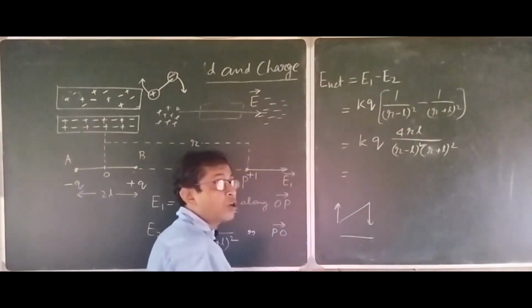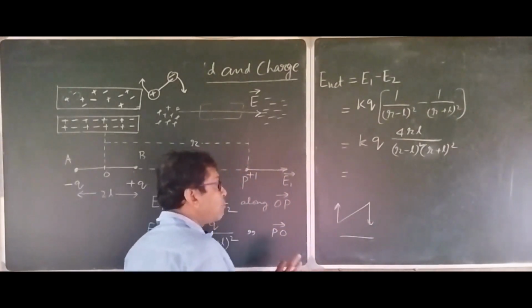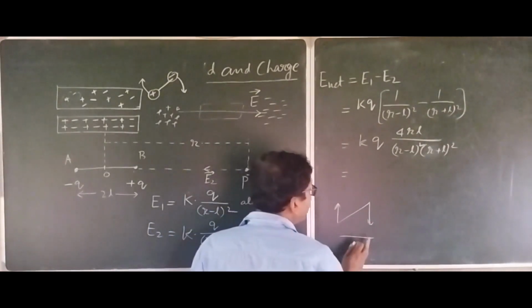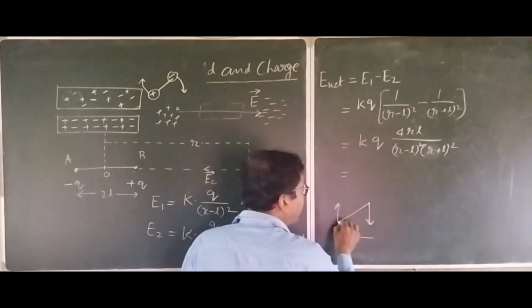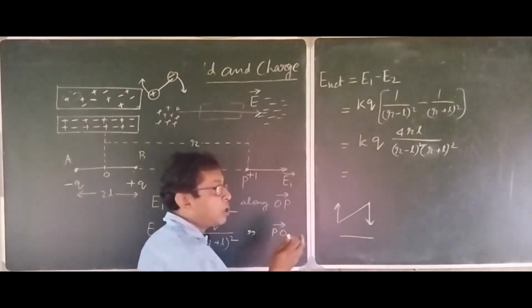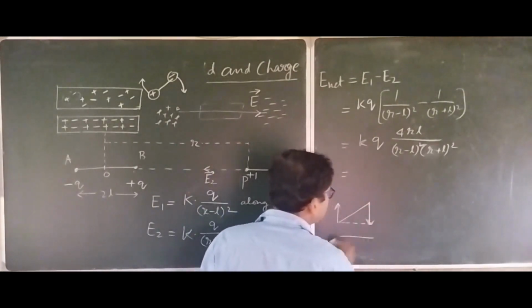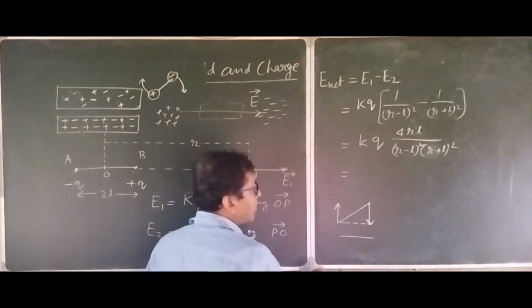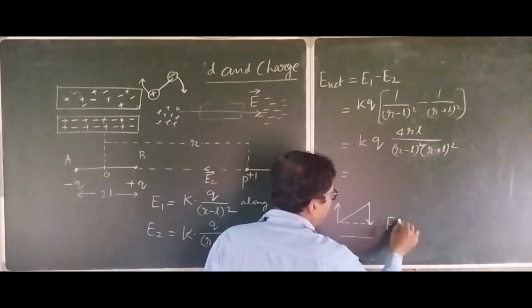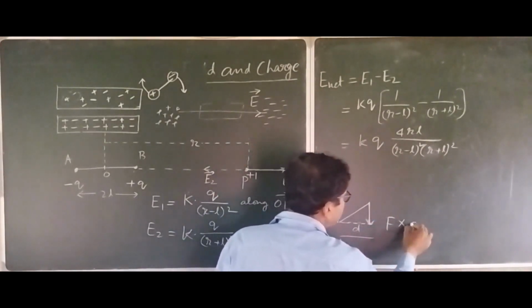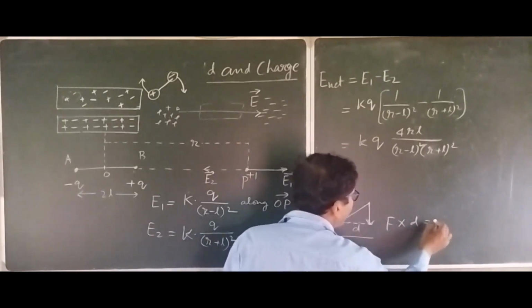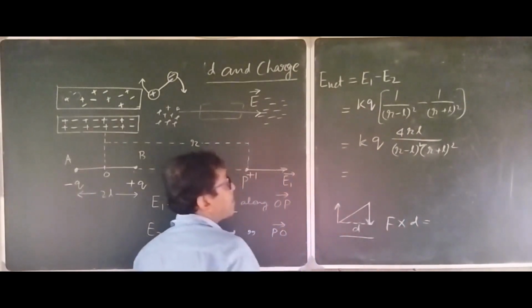This is called the moment of force, and moment of force we know is equal to each force into the perpendicular distance between the two forces. This is the moment of the force.